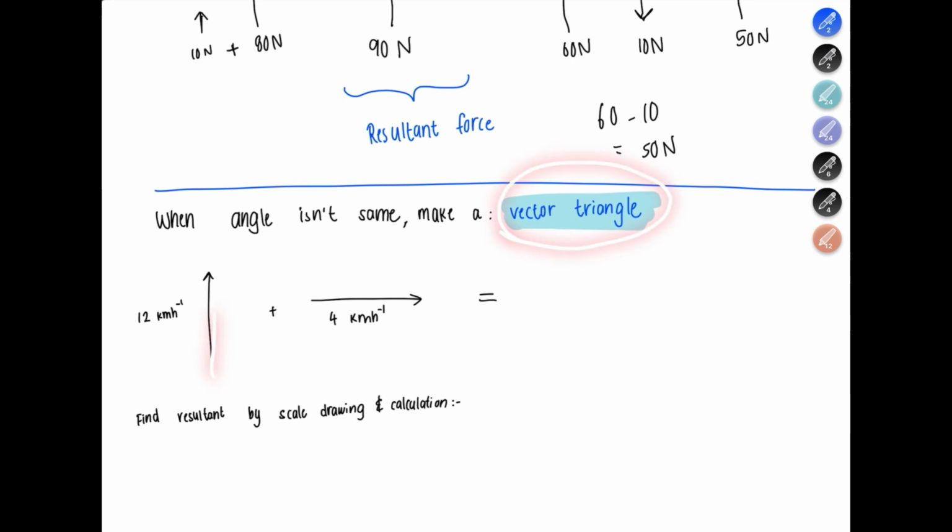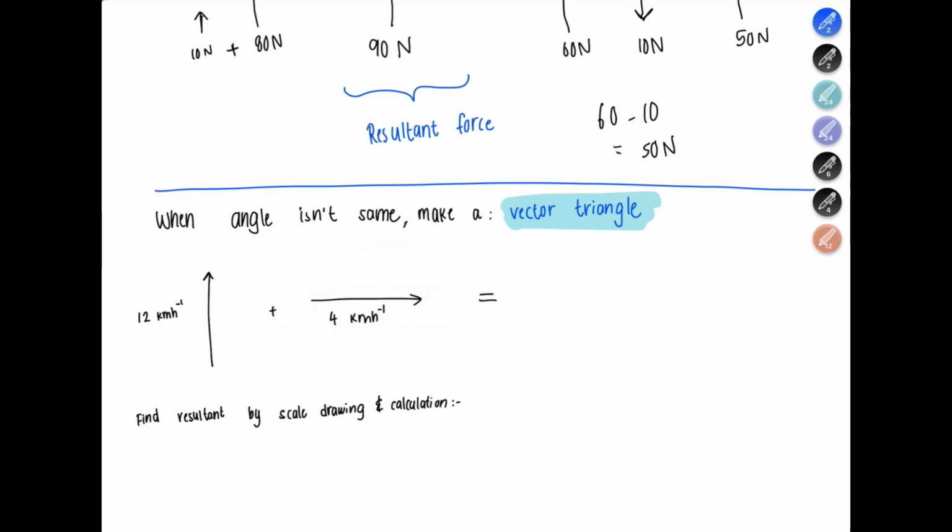You combine them to draw a triangle, and then the diagonal is going to be the resultant force. Let's say a ship is traveling north at a velocity of 12 kilometers per hour, and the wind is blowing towards east at 4 kilometers per hour. What is the resultant velocity?